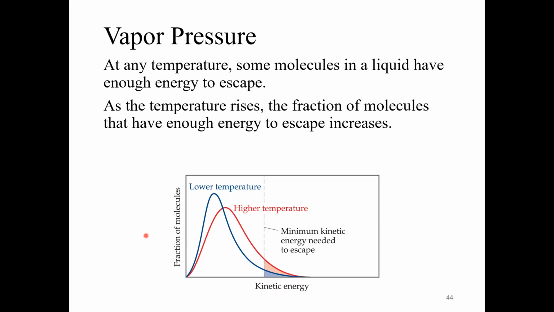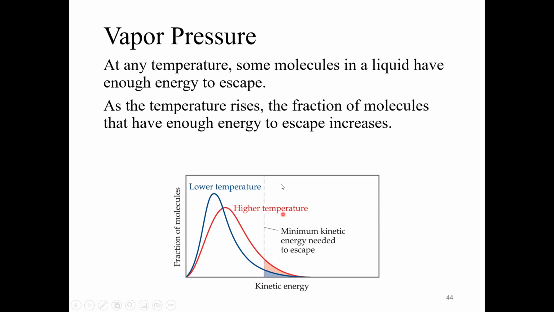But what we're going to see is the vapor pressure of a substance is going to increase with the temperature, because the higher the temperature, the more kinetic energy those molecules are going to have. So more of them are going to be able to essentially overcome the intermolecular force holding them together. And we'll just wind up with more of that substance in the gas phase.